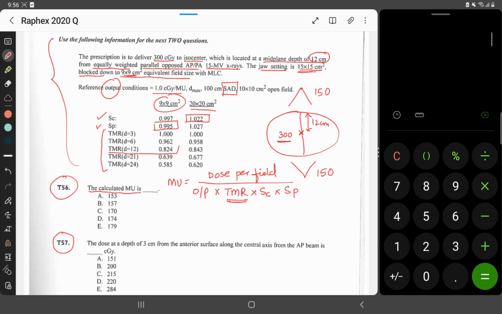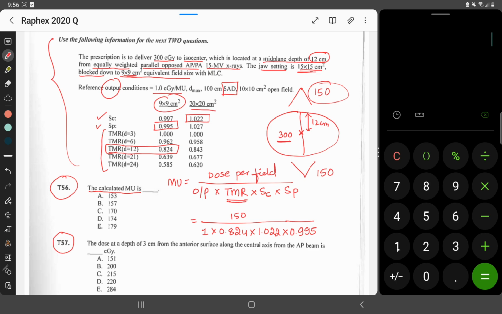Dose per field is 150 centigrade, output is 1, TMR is 0.824, scatter factor 1.022, and SP is 0.995.